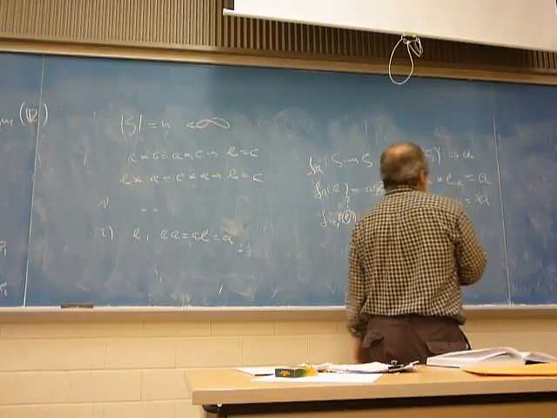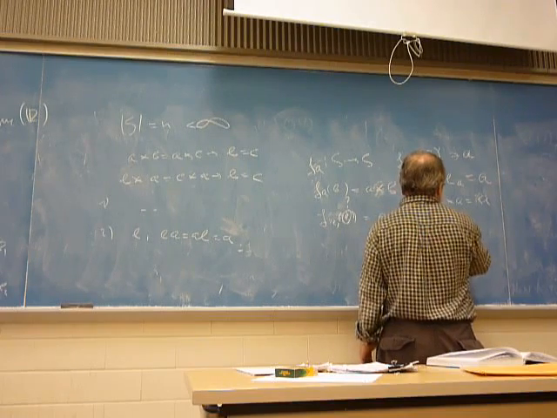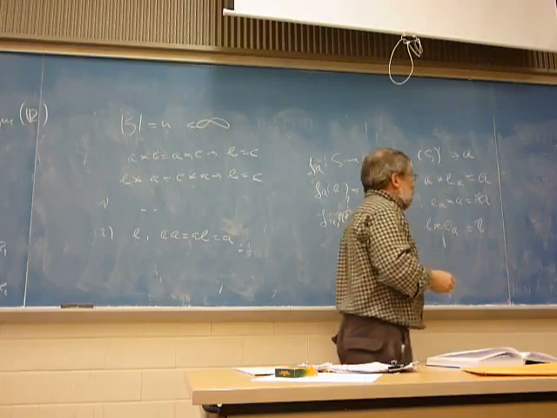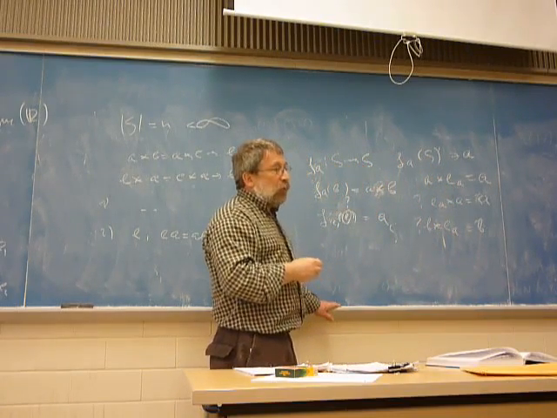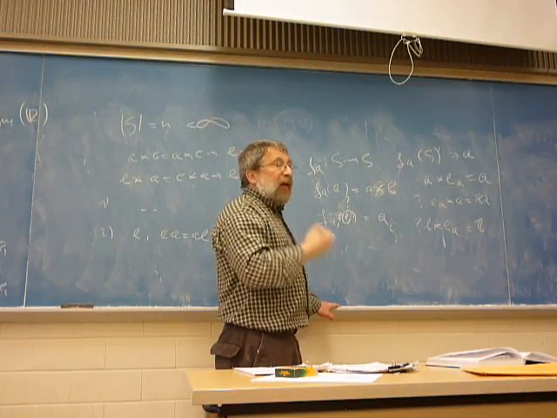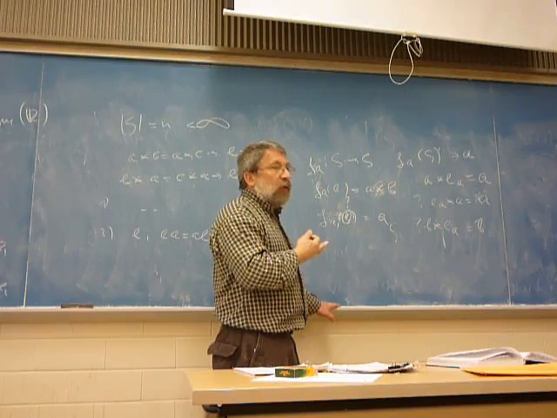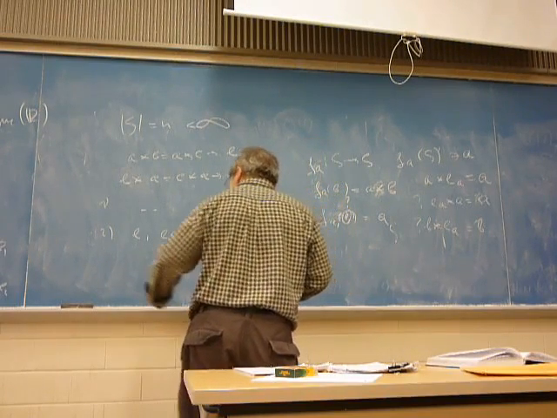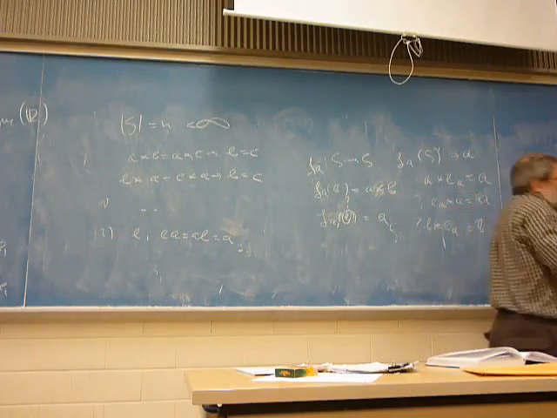And more importantly, maybe this EA will work for other elements. So that's what I have to somehow figure out. I have the only possible candidate for identity, but now I have to check that it works like identity, because if I take other elements instead of A, I'll get other results.